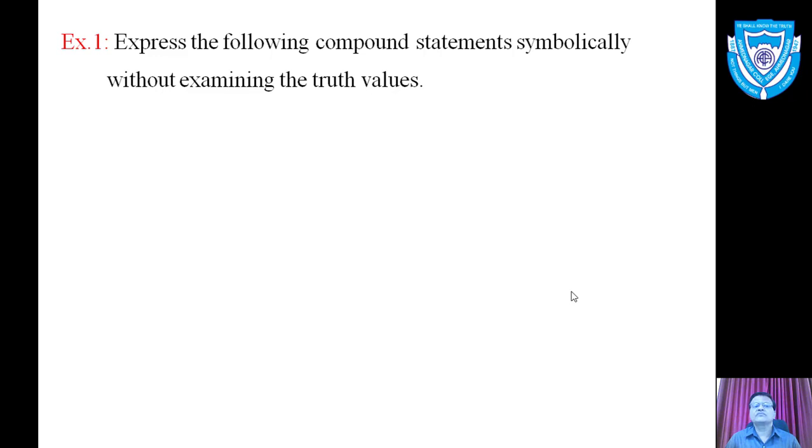The first example is: express the following compound statements symbolically without examining the truth values. First compound statement is, 2 is an even number and 25 is a perfect square. What we have to do? We have to express this compound statement in symbolic form. Now we observe that connective AND is used in this compound statement.